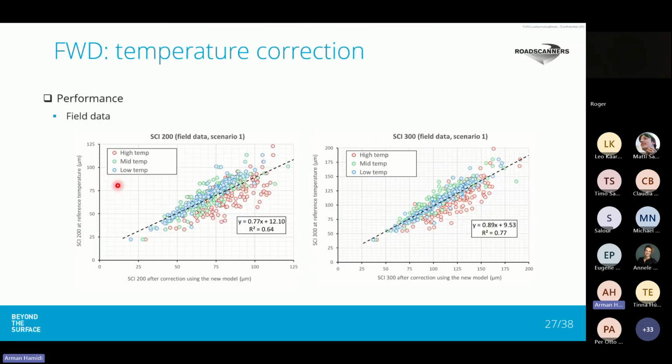And we also used a road in the Norwegian road network to validate our model. And as we see here, the coefficient of determination is pretty high, not as high as simulation cases, but in general, we can say that the model is working and the validation is done using this road section in Norway.